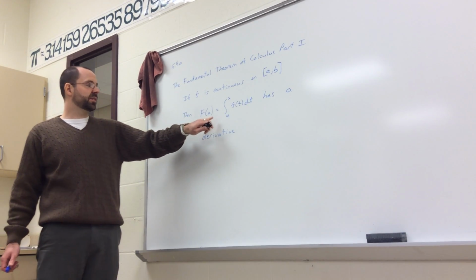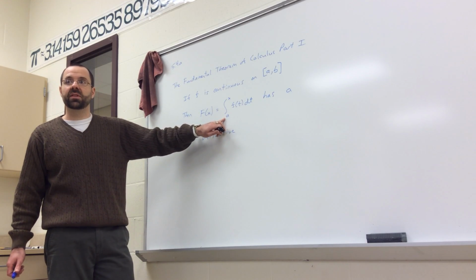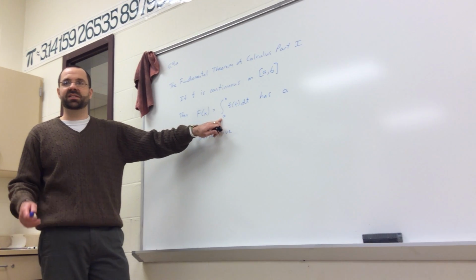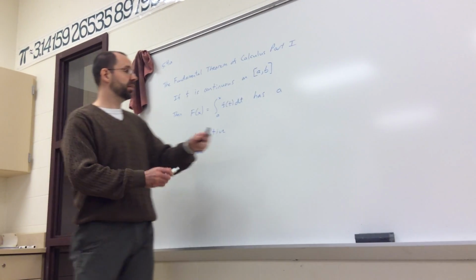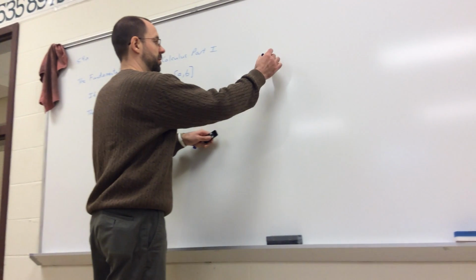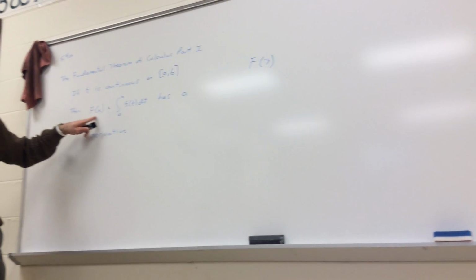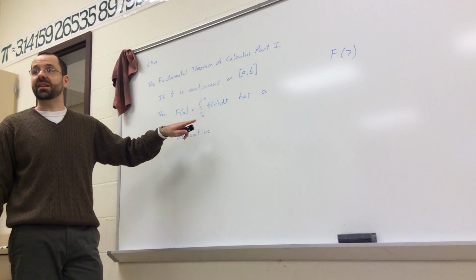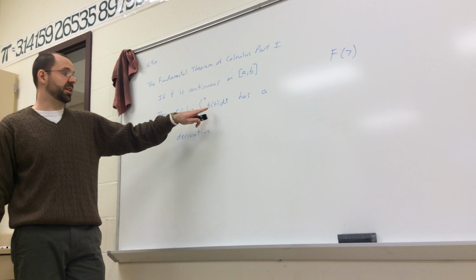So capital F is an interesting function. This is a number. The a is a number. So maybe it's 3. So if you plug 7 into capital F, that means find the area from 3 to 7 underneath little f.